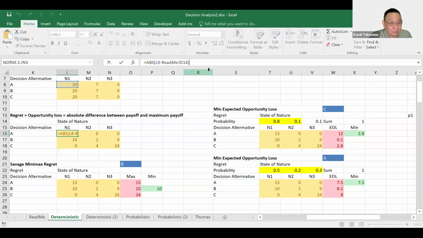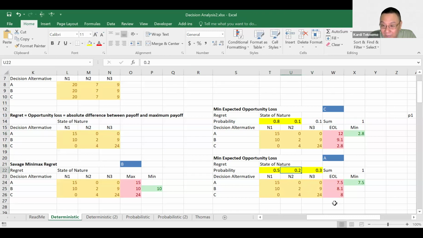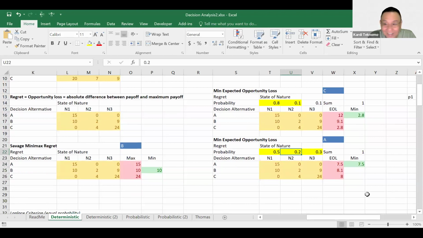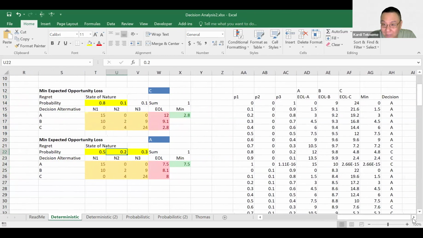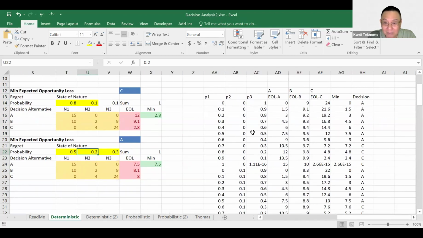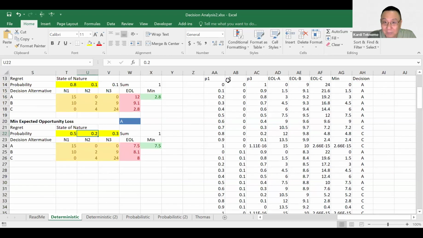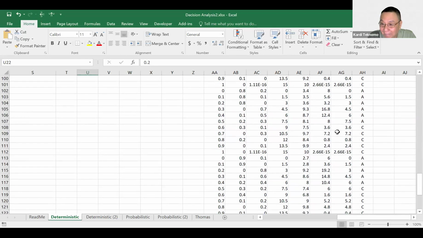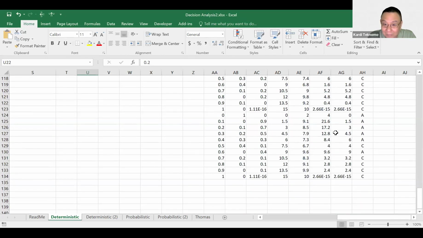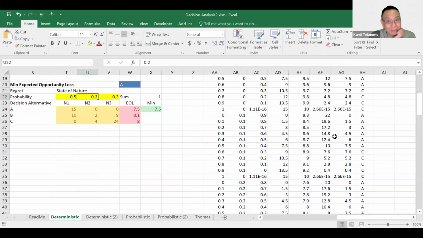Whatever you choose to change this probability to, you will never get B. You can either get C or A, but you will never get B. I tried to make a sensitivity analysis of that table, and it never gets B. So I just wonder why.